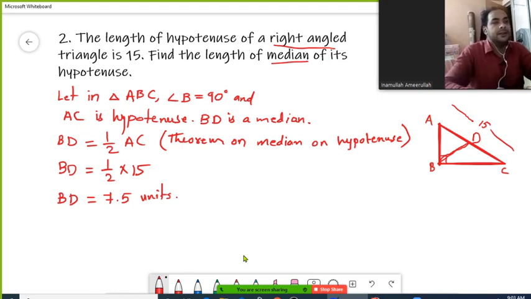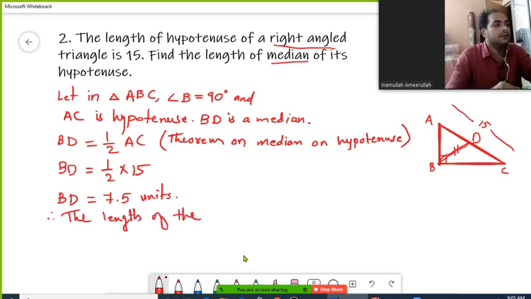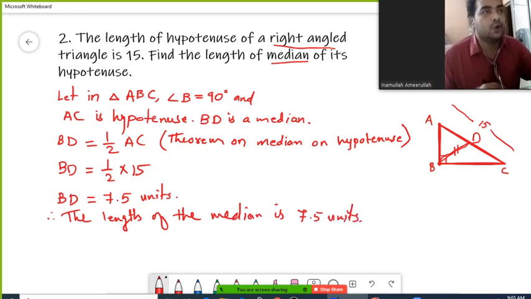So BD is the median on the hypotenuse, and the length of BD is 7.5 units. So your final answer: the length of the median is 7.5 units. Hope it is clear to everybody.